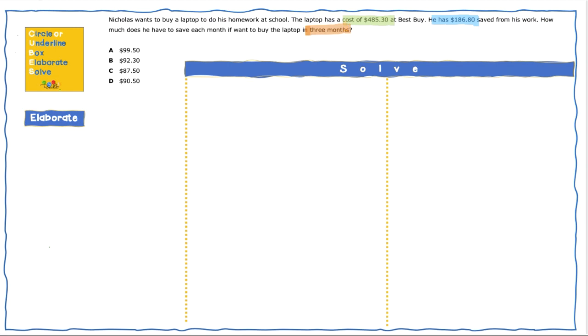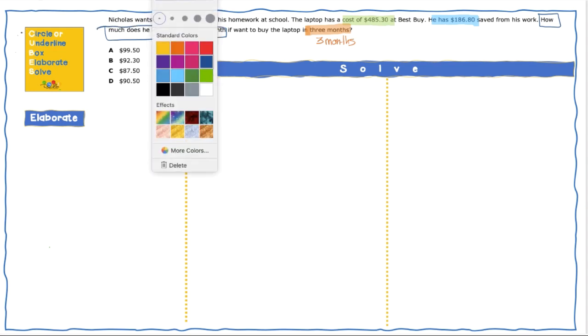Every time I see numbers also in letters, I have to look at it because it's going to be important. And then the question is, how much does he have to save? I box the question: how much does he have to save each month?